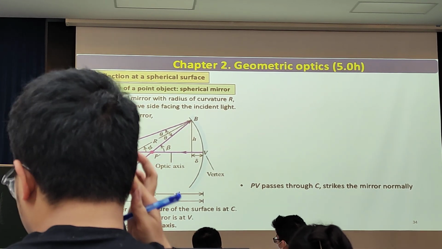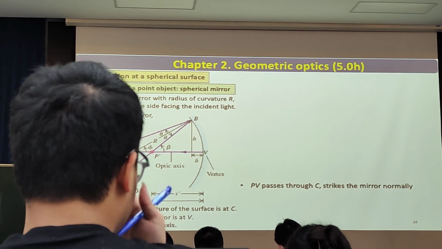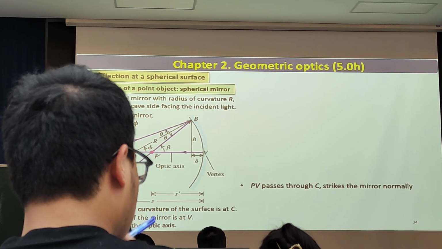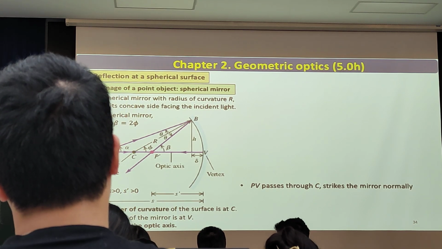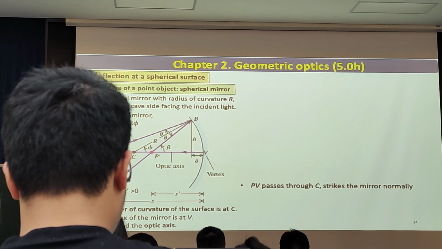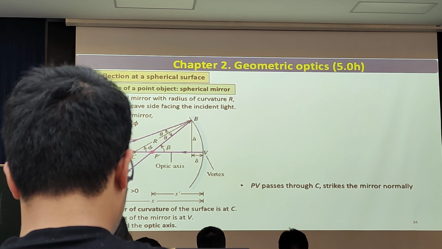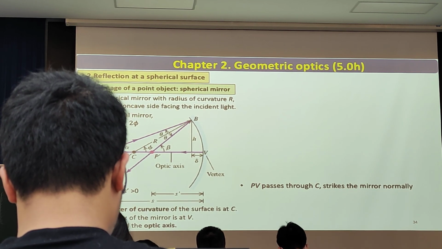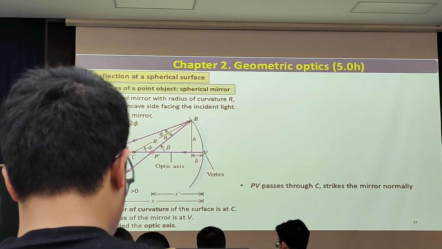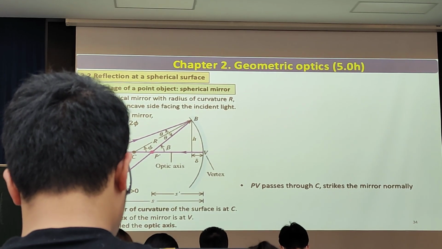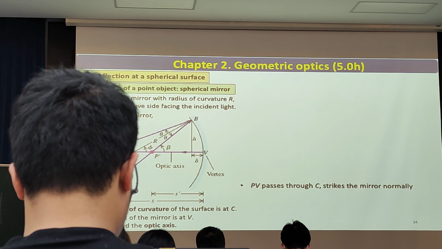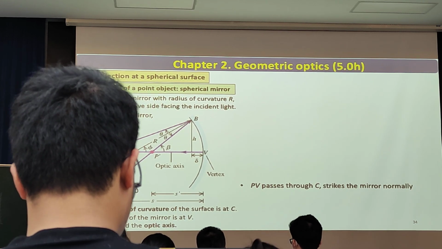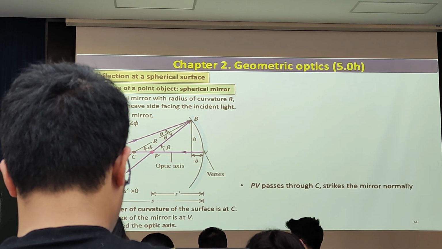In order to find the reflecting ray, you need to draw the normal. The main concept we study in the reflection part or the refraction is the normal, right? And the normal here will be from C to V, because V is the striking point, and then you draw the normal passing through the incident point to the center. It's also VC. So it's in the same direction.